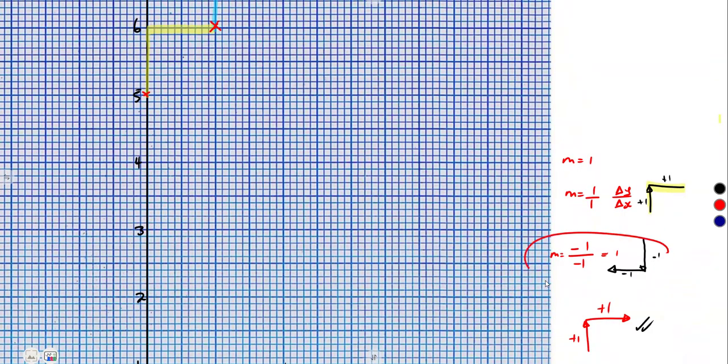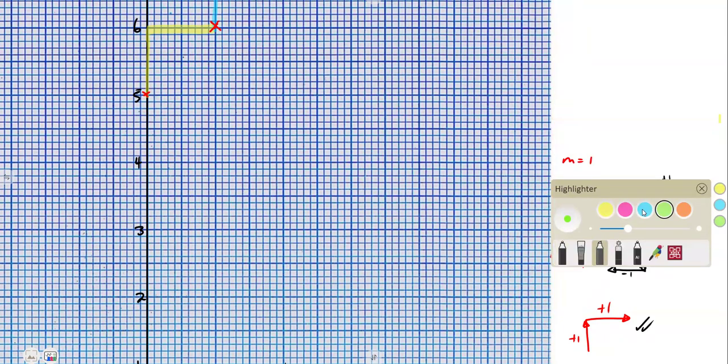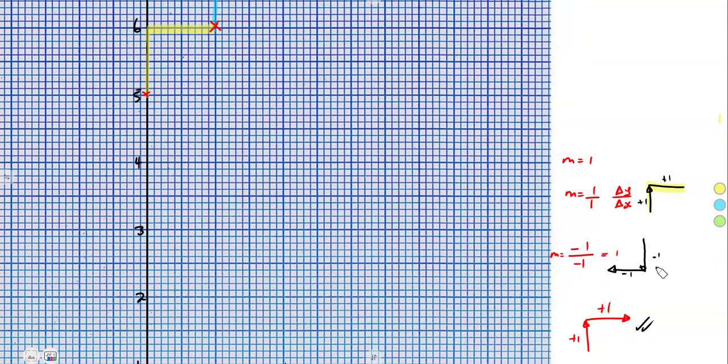If you used this one with negative, you're still going to have the same answers, but take note that for negative, change in y, you're going down, change in x, you're going to the what? To the left. So let's use this 5 and prove that. You're going to see that you form the same straight line. Change in y, going down and to the left to get negative 1 over negative 1.